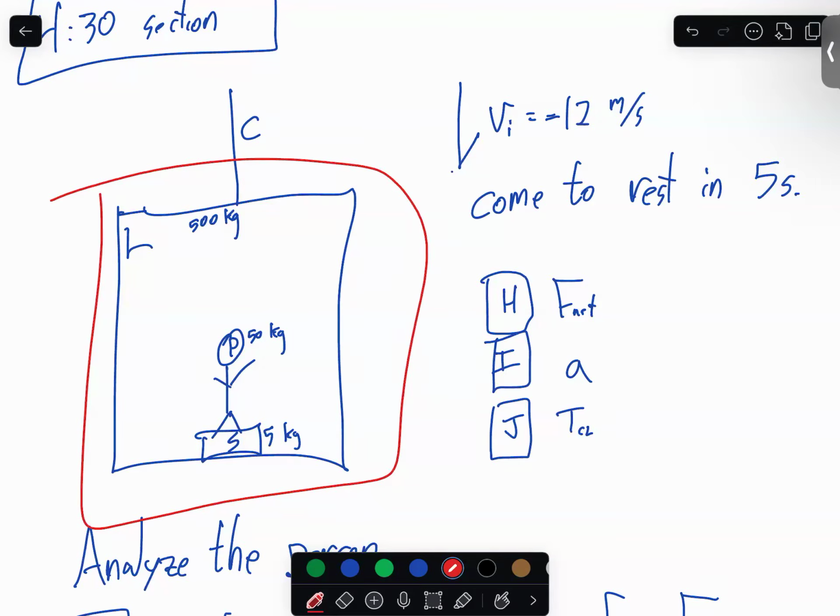Where's H? Build it up piece by piece. Do H before you do J. Do H, then I, then J. Good, you got it.